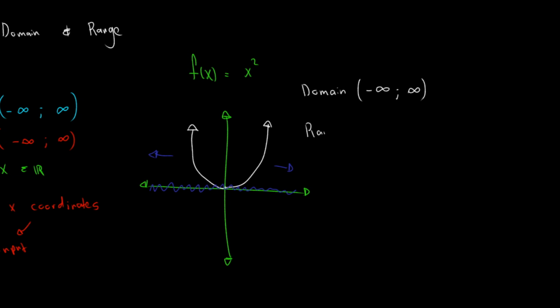We can state again that x is an element of all real numbers. This simply means that x is part of the set of real numbers, because it can stretch forever to the left and forever to the right.